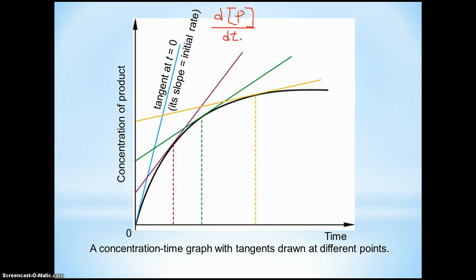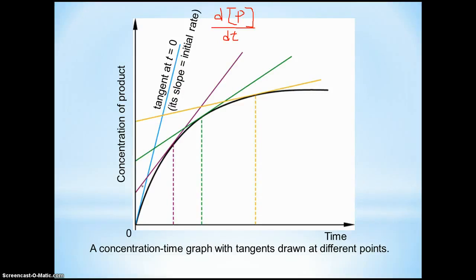This is the rate of change of the product's concentration at a particular short period of time. In this case, we are talking about the initial part, so it's almost like a 0. So this part is what we call the initial rate. Initial rates, the rates at the very beginning of the reaction, follow this linear dimension.